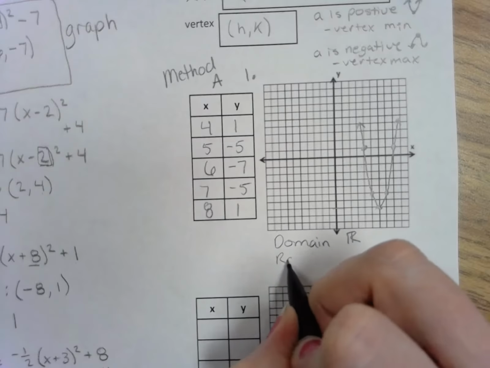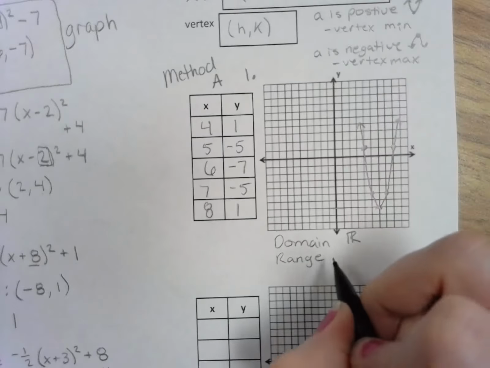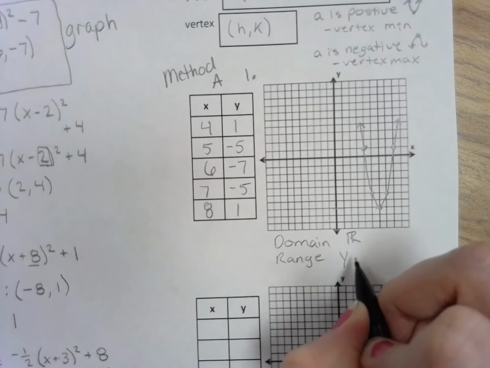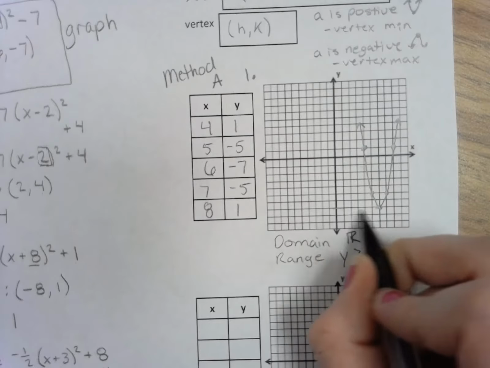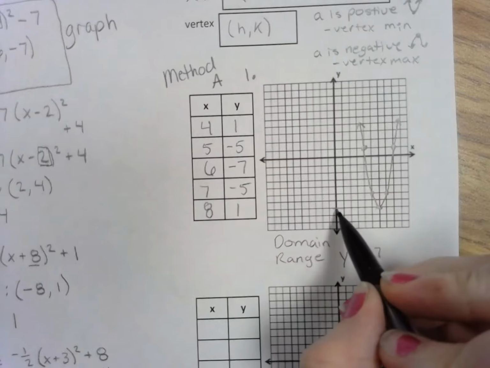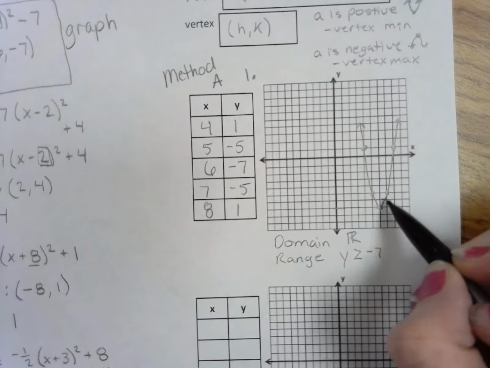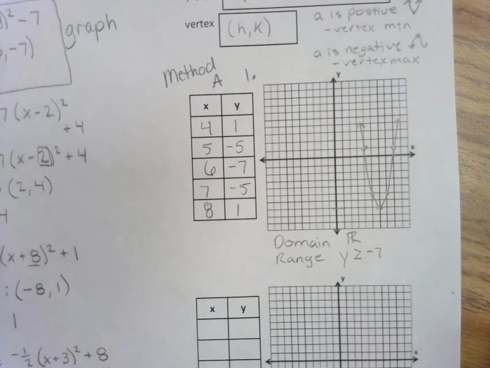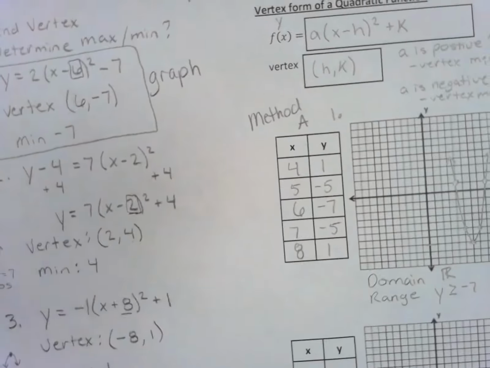The range, because it opens up, our a value is positive, we'll say that our y is greater than or equal to, and we said it was here at this -7. It opens up from -7, that minimum value, and every y value greater than that number is part of our graph. So let's look at a second method for graphing these.